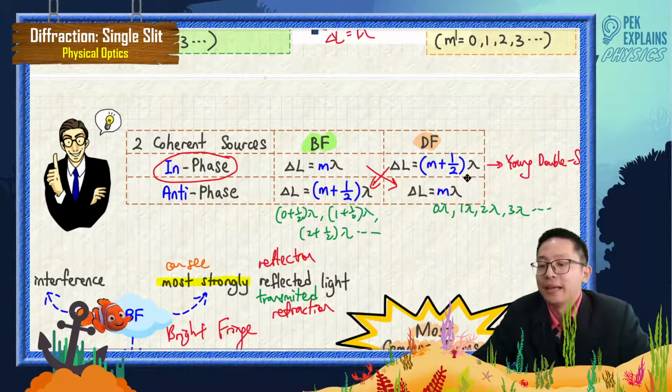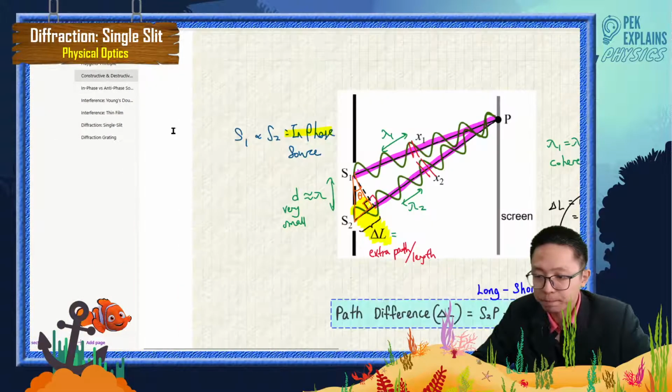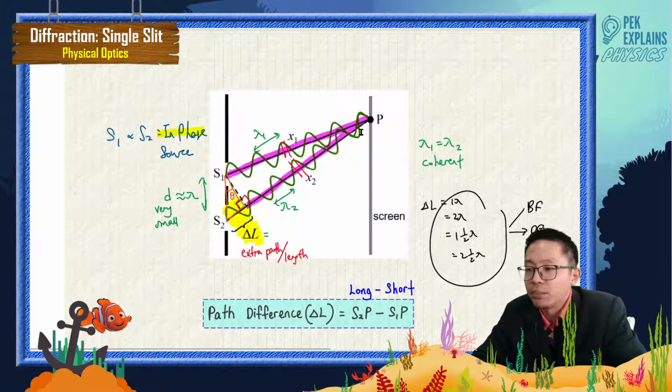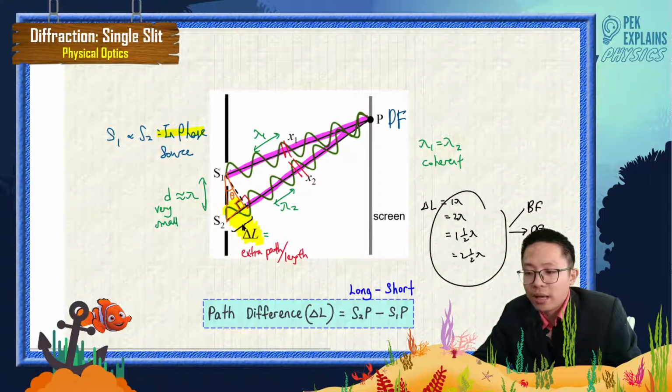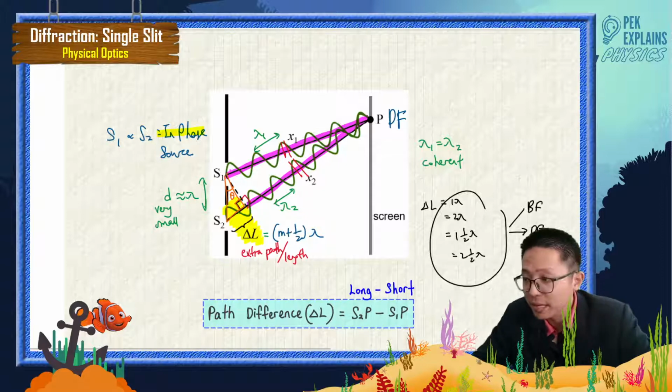Isn't it? Okay, so let's go back to this one, just now. Let's say S1 and S2 are in phase sources. Now I want to produce a dark fringe here. What should the path difference delta L be? For in phase sources, to produce a dark fringe here, this delta L needs to be m plus half lambda.